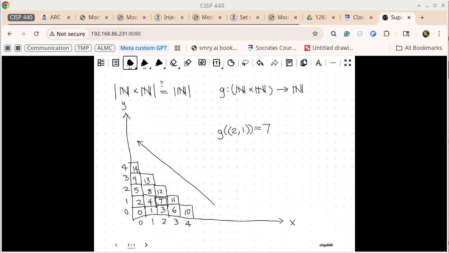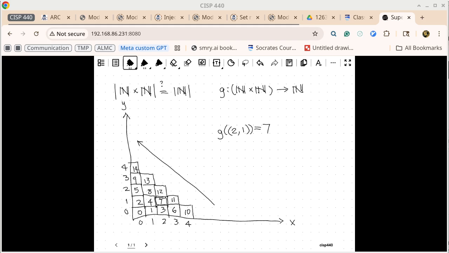So the next thing that we want to do is to say, okay, but this method of finding the natural number corresponding to a particular cell is not very efficient, because if I want to find out, let's say, g of 300 comma 600, we have to map out a lot of cells in order to find the natural number corresponding to that particular cell, and that is not efficient.